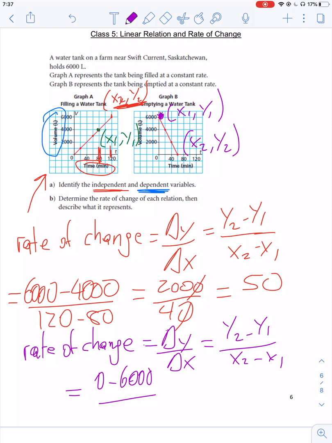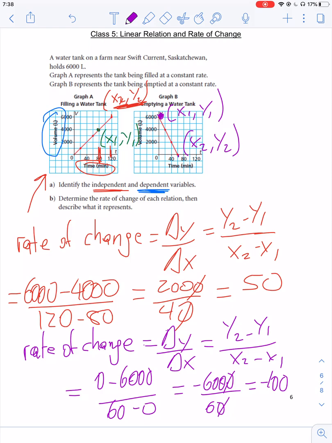So 60 for my x coordinate over here, and my x coordinate over here is 0. So this is just minus 6,000 divided by 60. So this is minus 100.